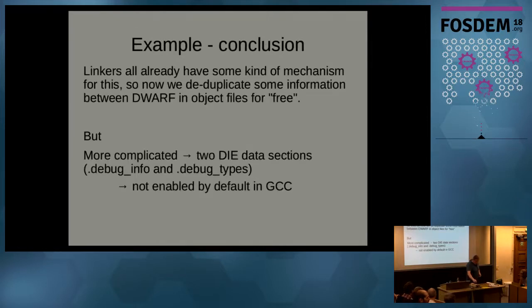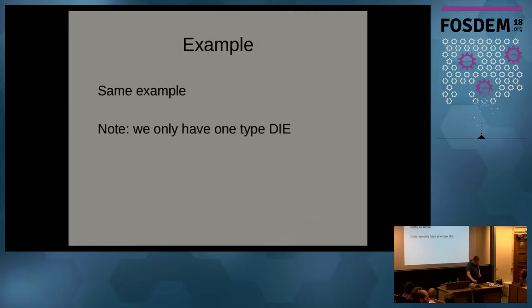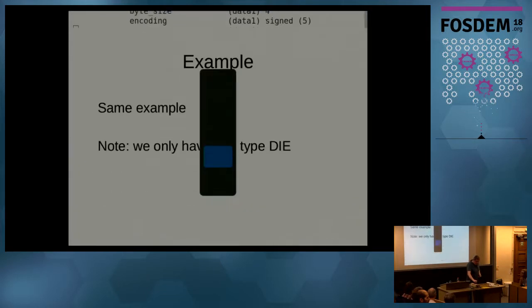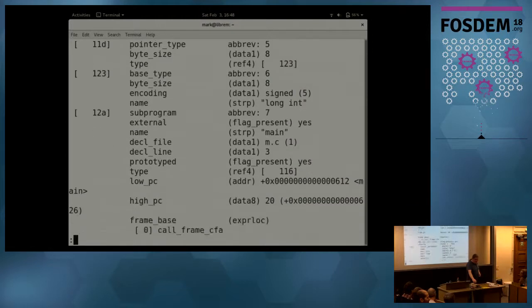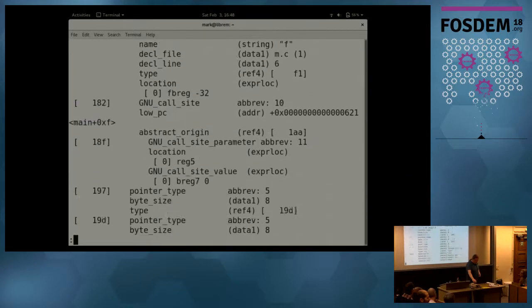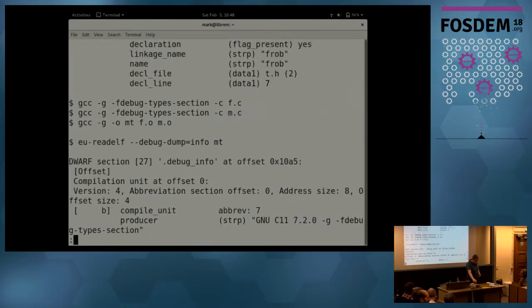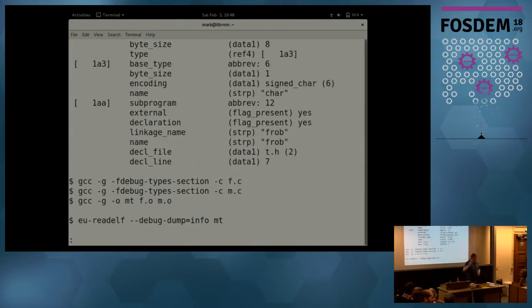So, well, now first the example. Lots of DWARF. So GCC implements this with debug type sections.